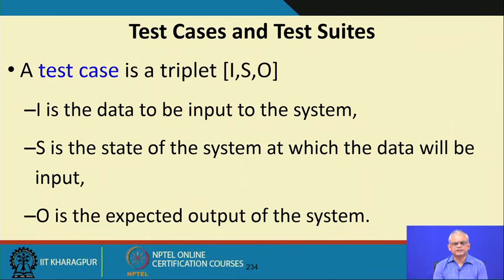For a renew book test case to be executed, we must have the same book already issued out to a member. The book should have been created, that should exist in the library, and then it must have been issued to a member, and only then that member can renew it. So, we call that the state of the system, that is unless the book has been created and the book has been issued out, this test case of renew book will not work.